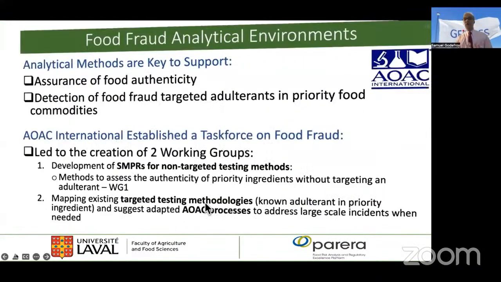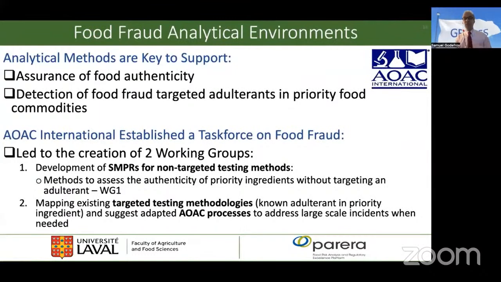Another set of tools that would be extremely useful for those interested in managing food fraud, both from the regulatory standpoint as well as from the supply chain, is the availability of food analytical methods.